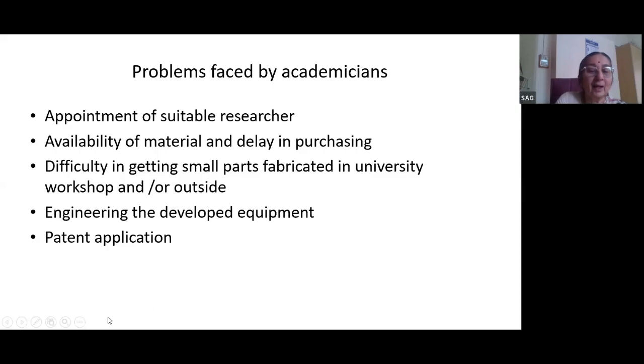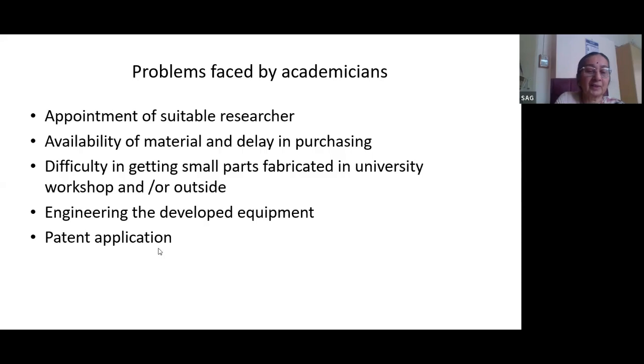Even if we do the research in time, it is very difficult to apply for the patent, because we do not have enough funding. Now it is a little relaxed, but when I was doing all this work, by the time we got a patent application written and done, the student got frustrated and went away. Therefore, it is difficult to do any patent also.